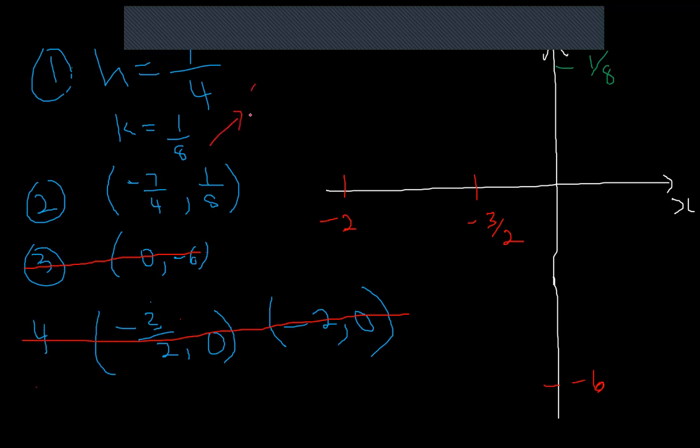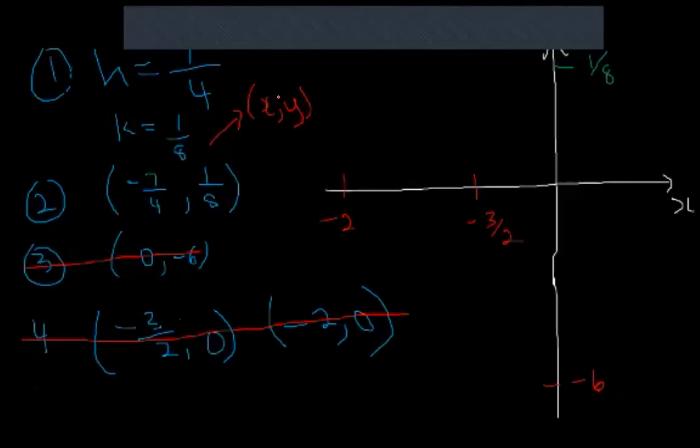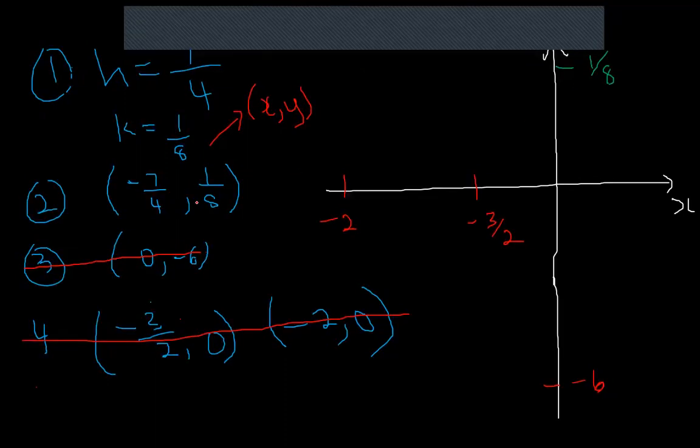Why do I say that? Remember the coordinate is in the form (x, y). So this is my x value and 8 is my y value. My x is minus 7 on 4, which as a mixed number is minus 1 and 3/4, so I know that would lie in between here.